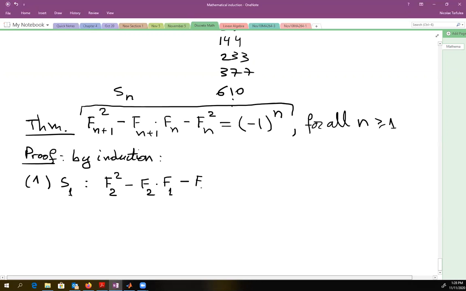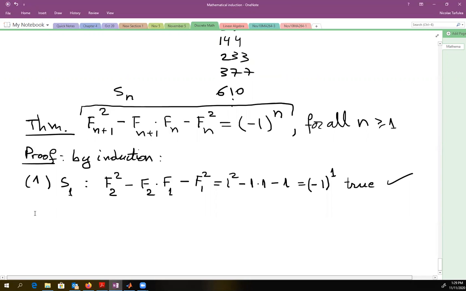Let's see what this is. F2 squared is 1 squared. We know that F1 and F2 are 1. That's the value of F1 and F2. Minus 1 times 1 minus 1. As we can see, this is 1 minus 2, which is negative 1, which is also negative 1 to the power 1. That means this is true. We verified the basis step. We are done with the basis step.